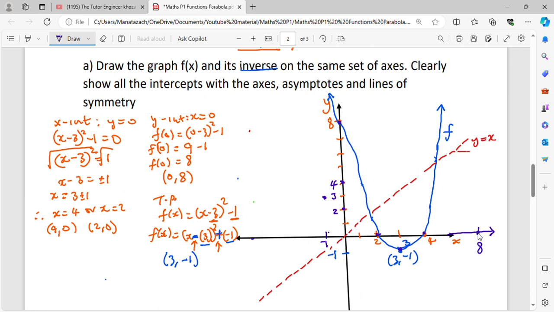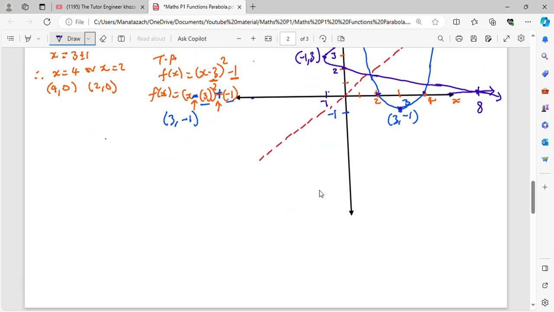That will be a new x-intercept. So let's plot this graph. It's going to look something like this, and it cuts the x-axis at 8. We'll label it as the inverse. And our new turning point is (minus 1, 3). Okay, that's it for this question.